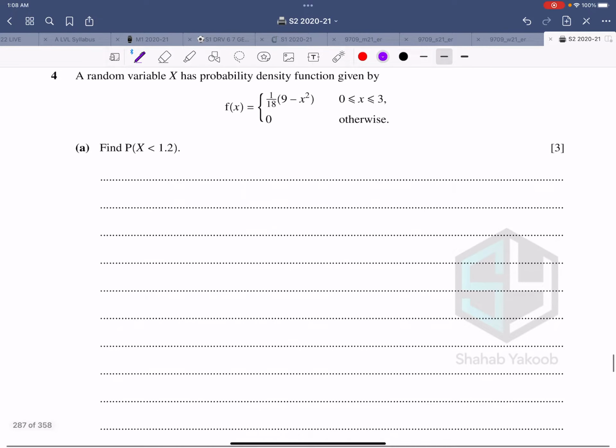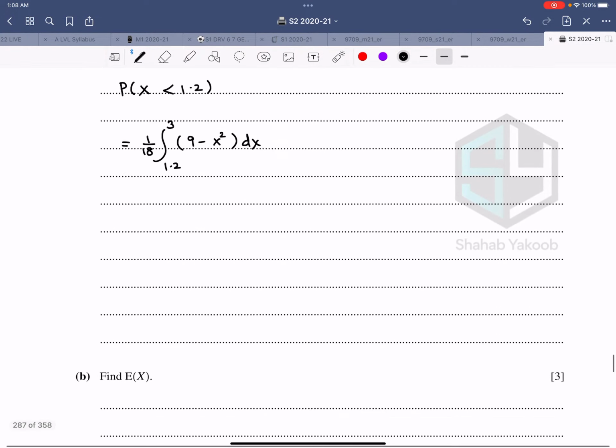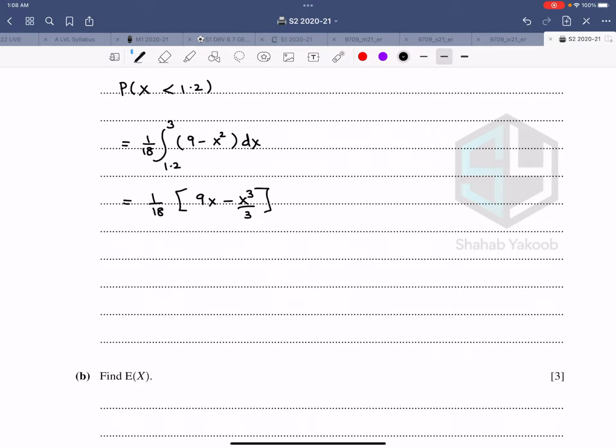So that's a straightforward thing. So we'll say probability x is lesser than 1.2. So 1.2 is the lower limit, 3 is the upper limit, 1 over 18 goes on the outside, function is 9 minus x squared dx. That's 1 over 18. This is 9x minus x cube over 3, between the limits 1.2 and 3.